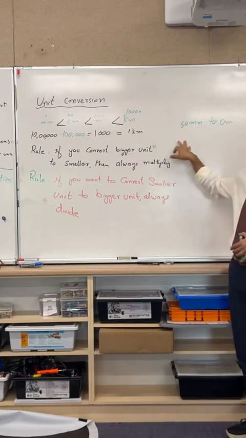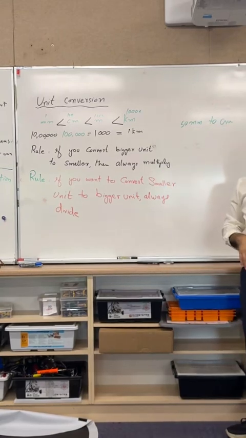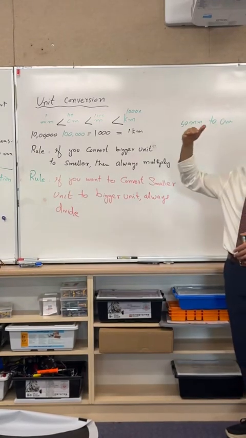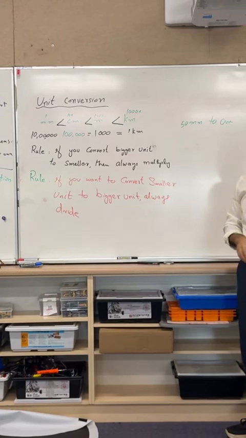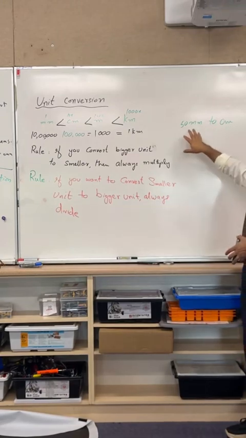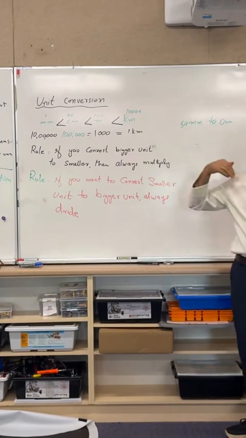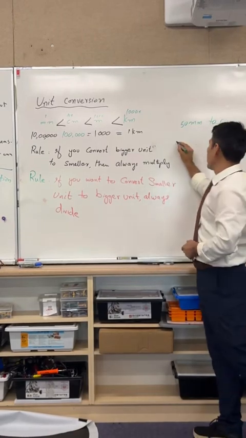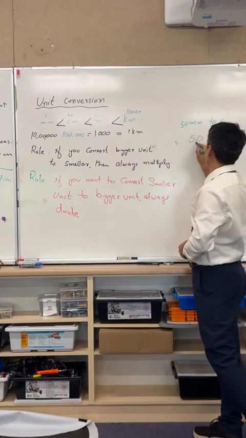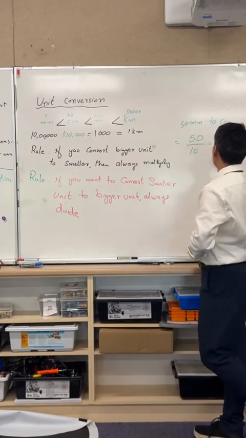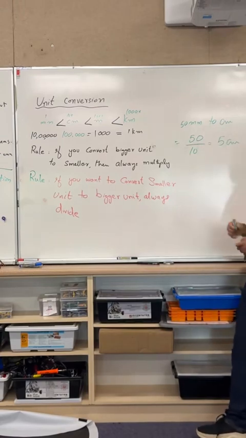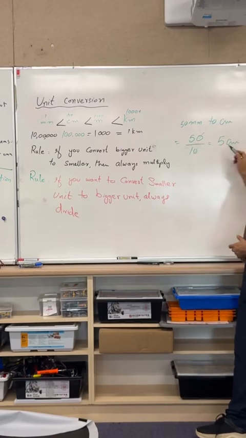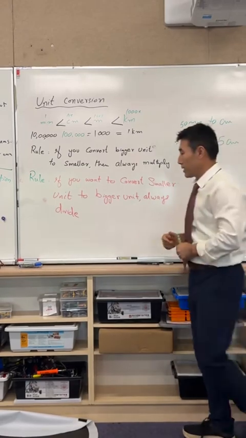So 50 millimeter is given, and the teacher asked you to convert to centimeter, which is a bit bigger than millimeter, right? Centimeter is bigger than millimeter. So you have to divide now because you're going to the bigger unit. Okay, divide by what? 10. Yeah, 50 divided by 10, it's 5 centimeter. Okay, 0 cancels with 0. See, you get 5 centimeter. We divided it.